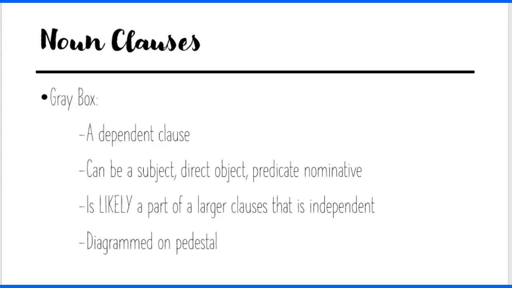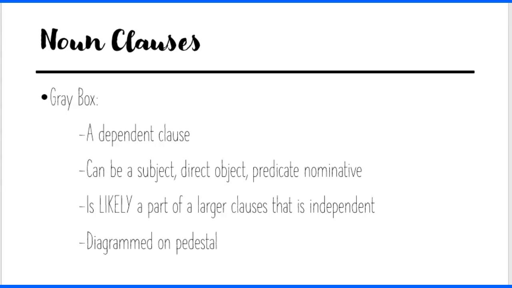So we're looking at dependent, not independent. The clause, the whole big thing, remember pedestal Pete, can either go in the subject spot, the direct object spot, the predicate nominative spot. It can also be in the object of a preposition, and we're going to see that in the diagramming piece. It is likely a part of a larger clause that is independent.